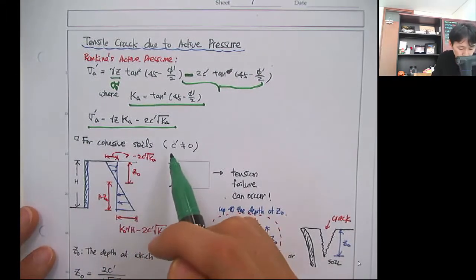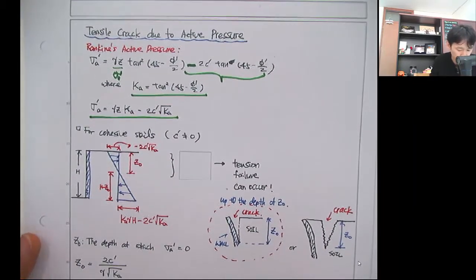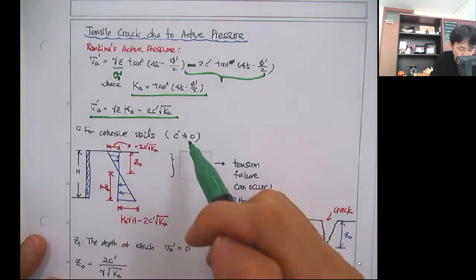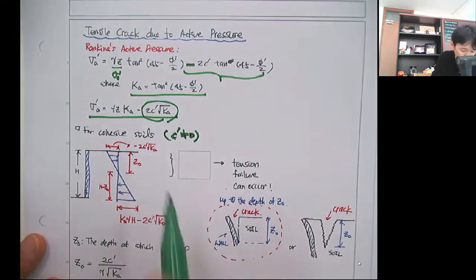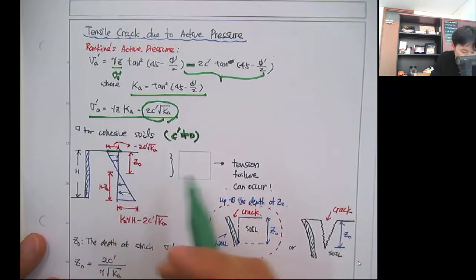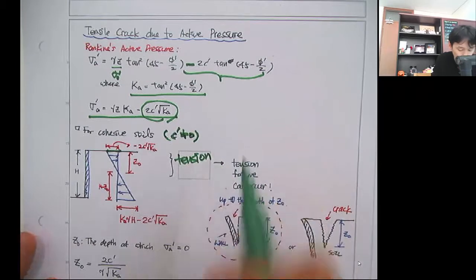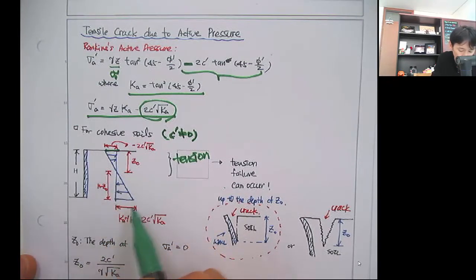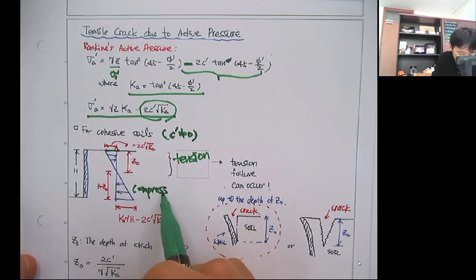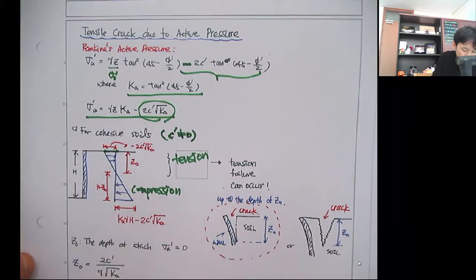For the cohesive soil, if the c prime is 0, then what happens? It's not 0. So when c prime is not 0, you have this negative term, so that you have some tensile stress region where the tension is applied to a certain depth, z naught, and deeper than z naught, you have a compression, or the compressive stress applied at the depth on this wall, right?